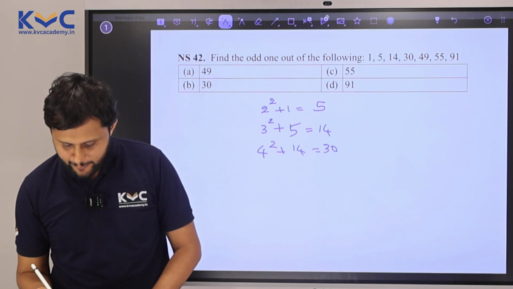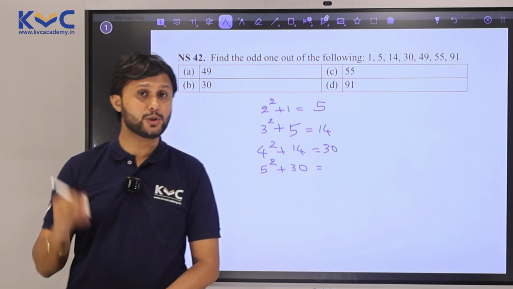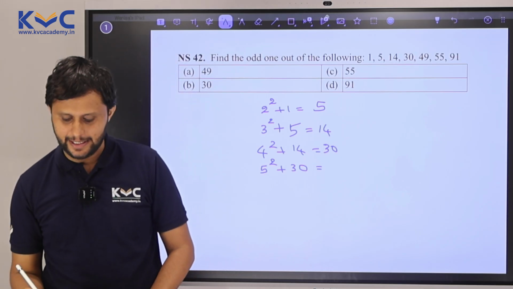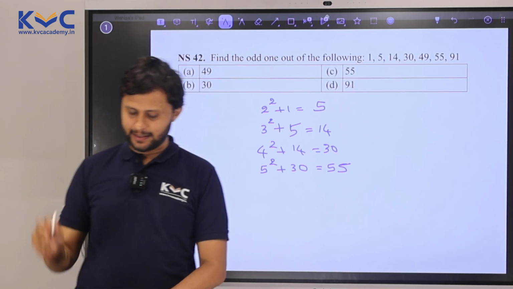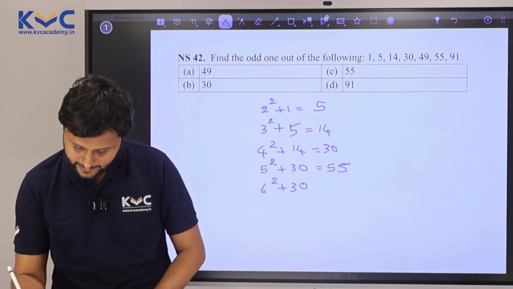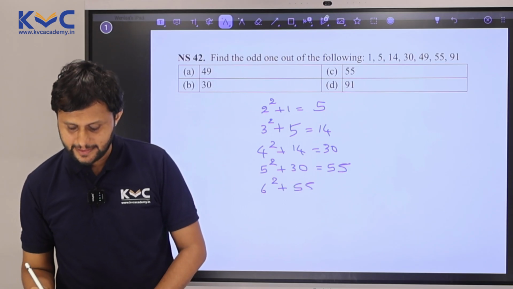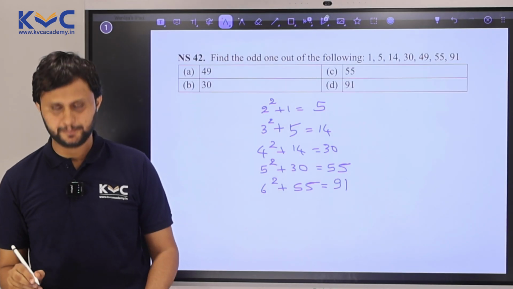Let's try now 5 square plus 30. 5 square is 25. 25 plus 30 is 55. So 49 went missing, but let's confirm. 6 square plus 55. 6 square is 36. 36 plus 55 is 91.